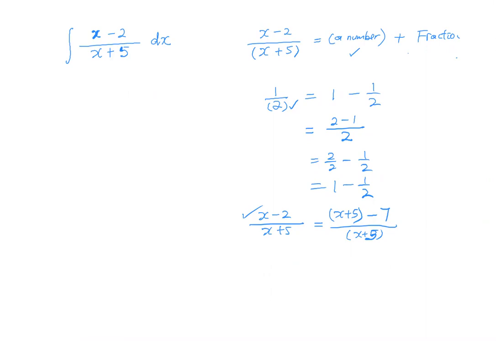So why I choose plus 5 is because of the numerator. So now if you have a look at it, I can write this as integral of 1 minus 7 over x plus 5.